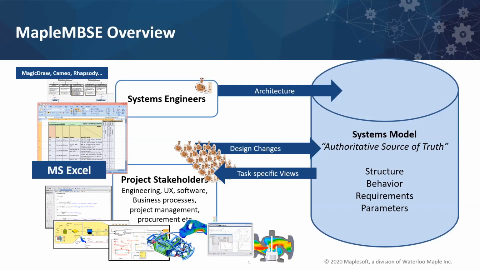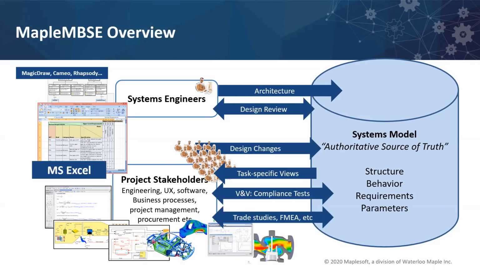And to understand better how MapleMBSE works, how it could help with collaboration, please look into our previous webinars to have more detailed information on it. So now what this facilitates is that it's easy to do design reviews, since all the information is now in a centralized place. In addition to the task-specific views, we can create views for performing FMEA, safety analysis, trade study, etc. And all this information is bidirectional.